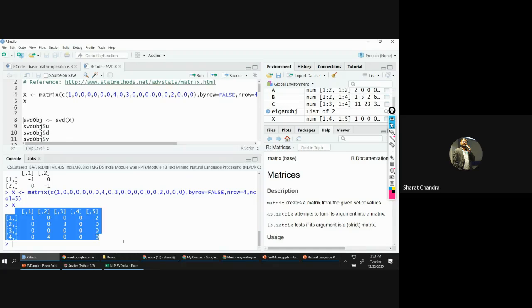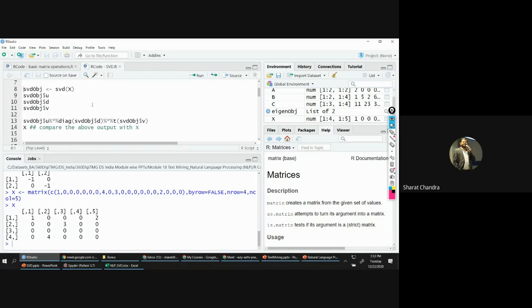This is your matrix, and I'm just randomly creating some matrix. On this matrix, I would apply SVD. Now, when you do SVD, your original matrix is converted into 3 different matrices: U, D, V transpose.